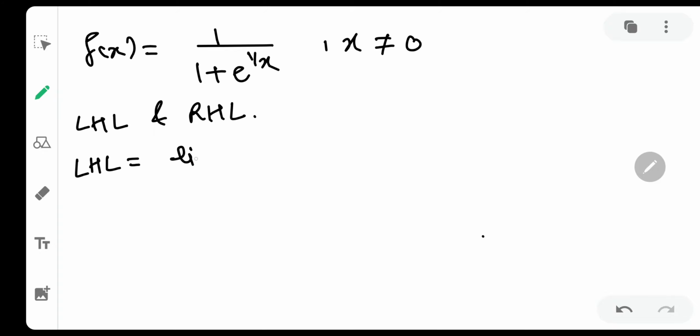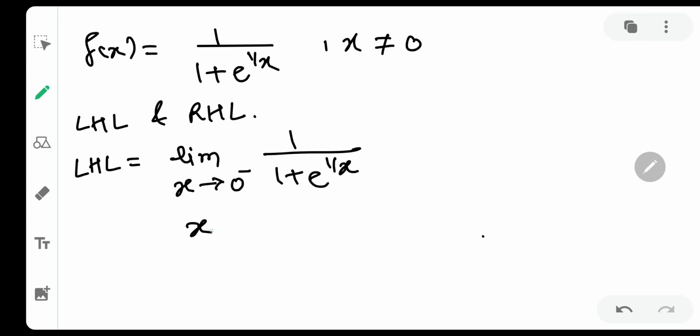In LHL, the value of x will not be equal to 0, but it will be very close to 0 and approaching 0 from the left hand side. So we can say that x is approaching 0 from the left hand side.